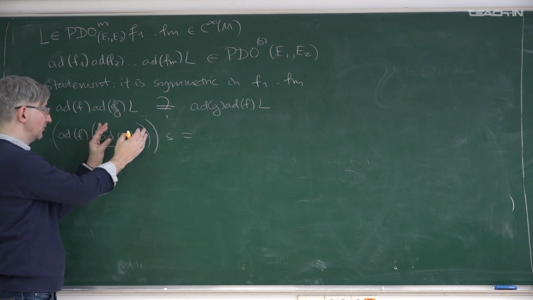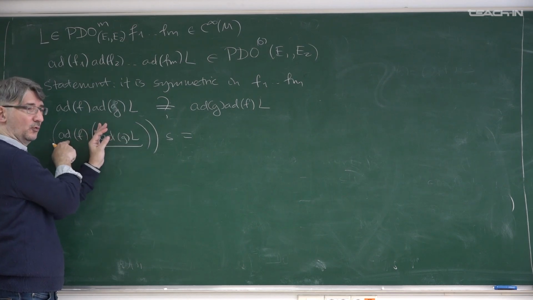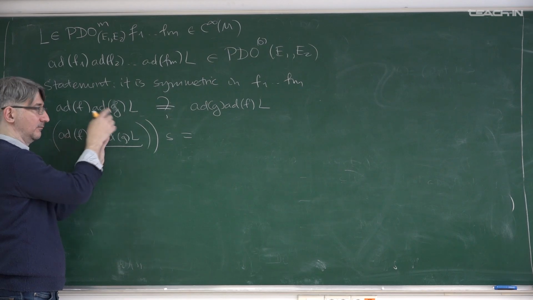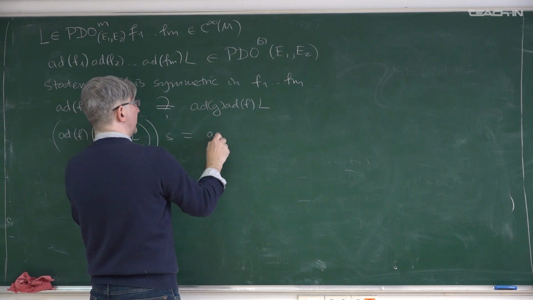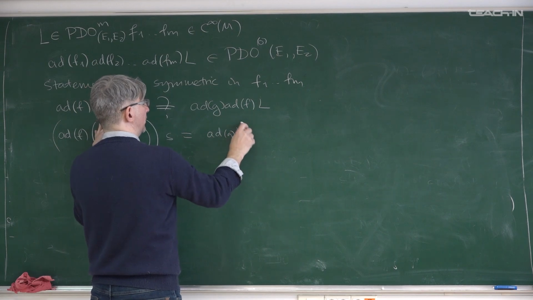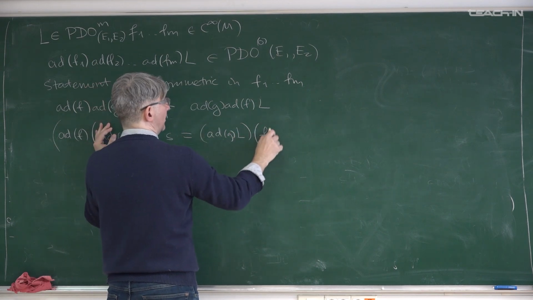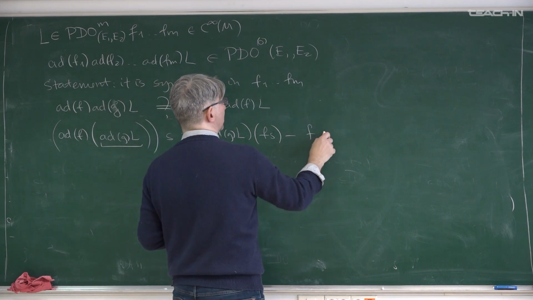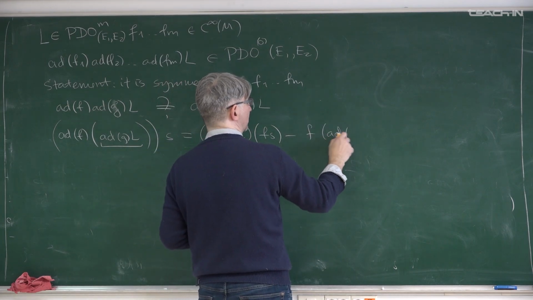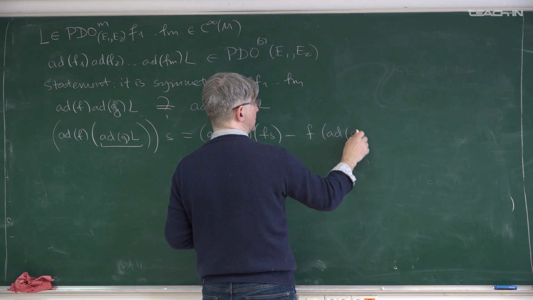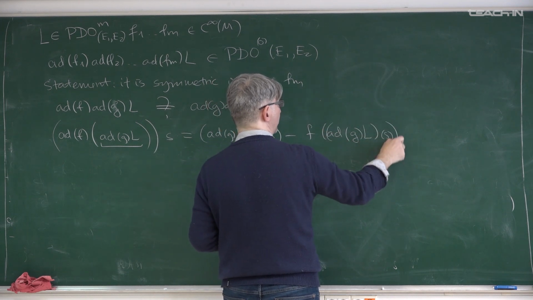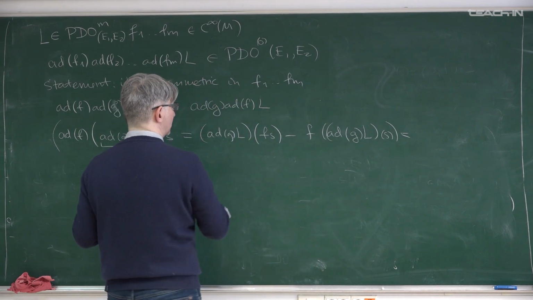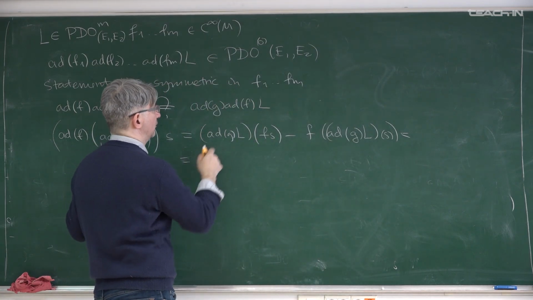We cannot see it. Then that means that first of all we expand this expression starting from f. So we write here ad of g applied to L, apply it to f's, and then we subtract this thing, ad g L applied to s. Okay, expand it further. So what is written here?